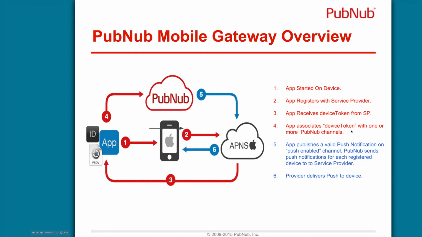And then the app associates that device token with one or more PubNub channels. So essentially on number 4, the application is going to let PubNub know about this particular device and associate that device with one or more PubNub channels, so that when a push notification is sent on one of those channels, PubNub knows to forward that onto the service provider, and the service provider will then deliver that to your application.